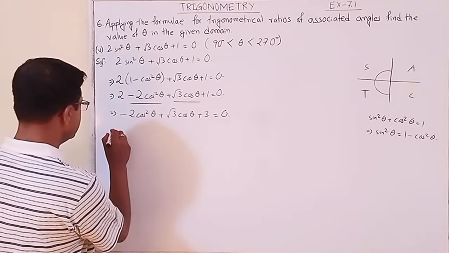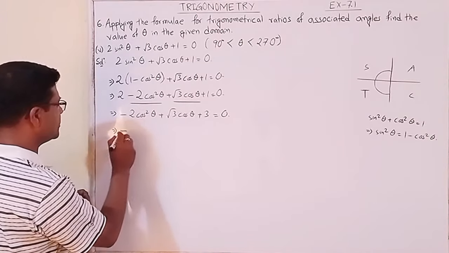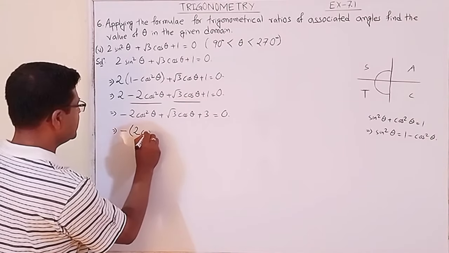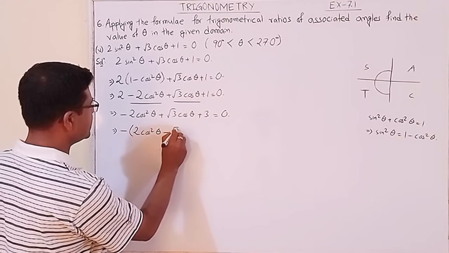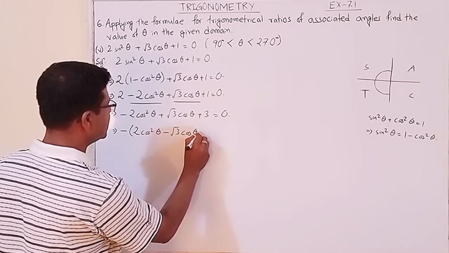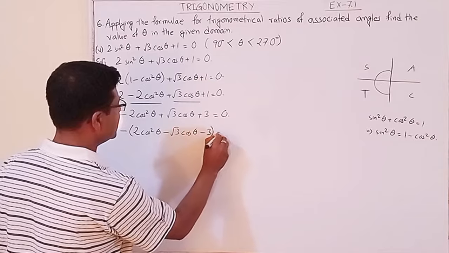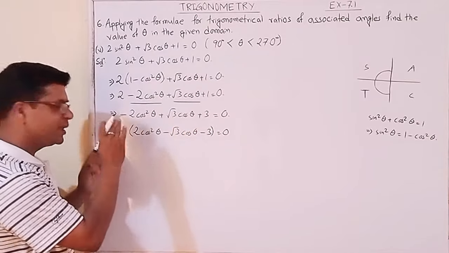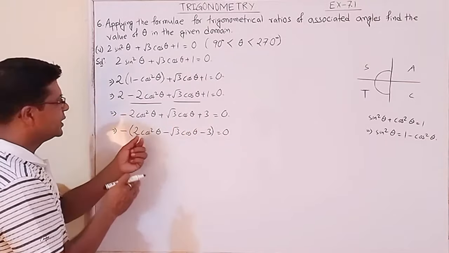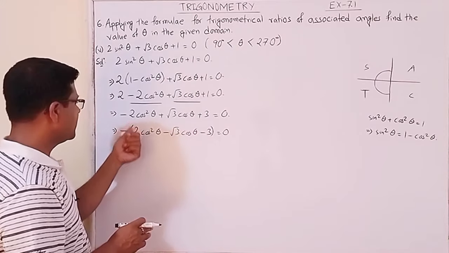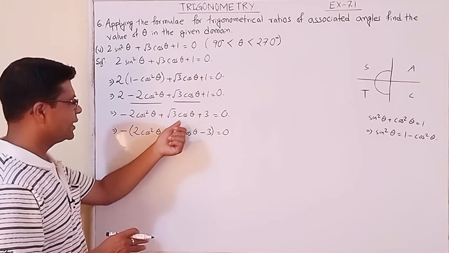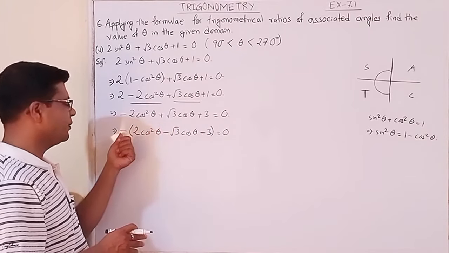Let us take minus common. How do we write? 2 cos square theta minus root 3 cos theta minus 3. We are taking minus 1 common, so this minus becomes plus, plus becomes minus, plus becomes minus.